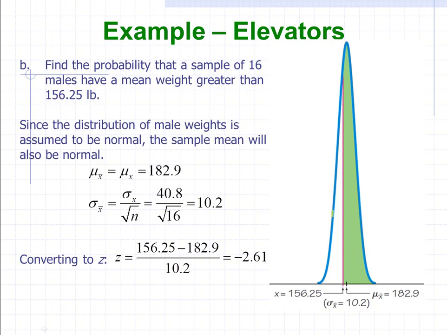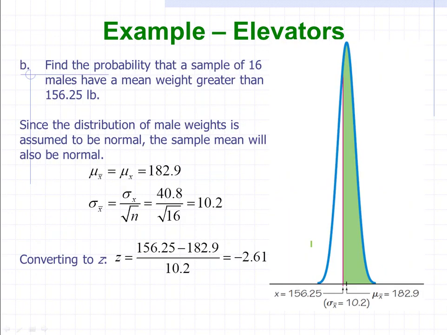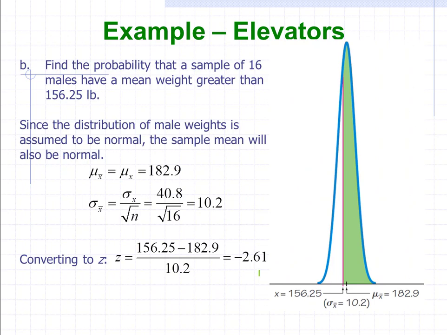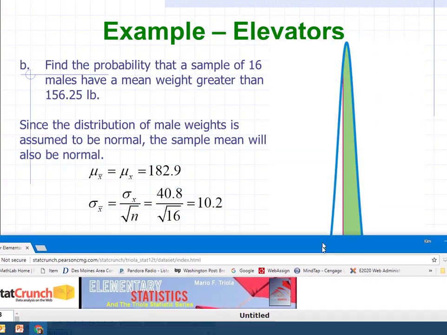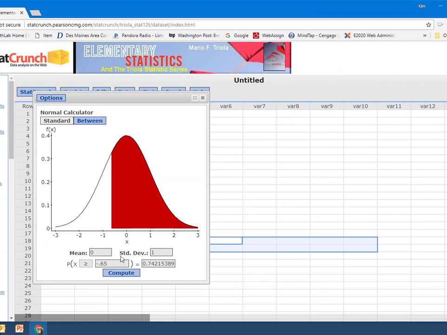Notice how our distribution now is tall and skinny. Here it was short and fat when we were talking about one individual. Let's take this to StatCrunch, and this time I want to use the standard score of negative 2.61.